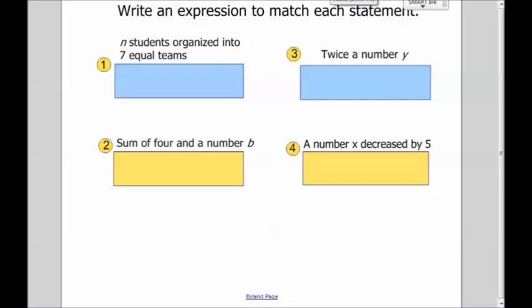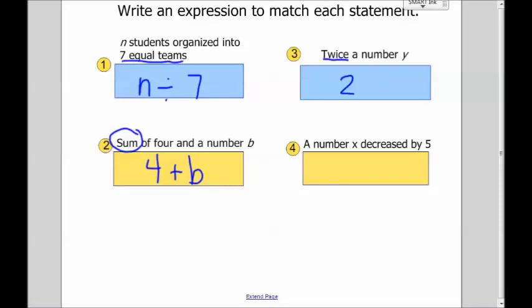N students organized into 7 equal teams. N students. 7 equal teams implies to me that I'm making 7 equal parts, which would be dividing by 7. The sum means I'm adding of 4 and b. The sum of 4 and b. Twice a number y. If I'm saying twice, I'm multiplying it by 2.